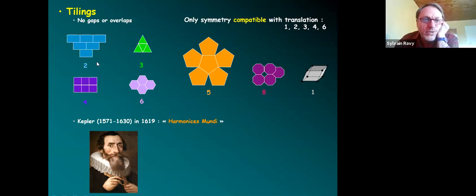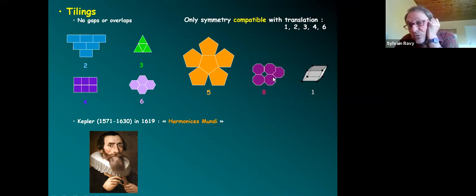graph. Here, imagine that you want to tile your kitchen with rectangular tiles, so symmetry 2, you can do that easily. With tiles of symmetry 4, you can do that also easily. With tiles of symmetry 3, no problem. Symmetry 6, no problem. But you can see that you cannot do that with pentagons because you have gaps.